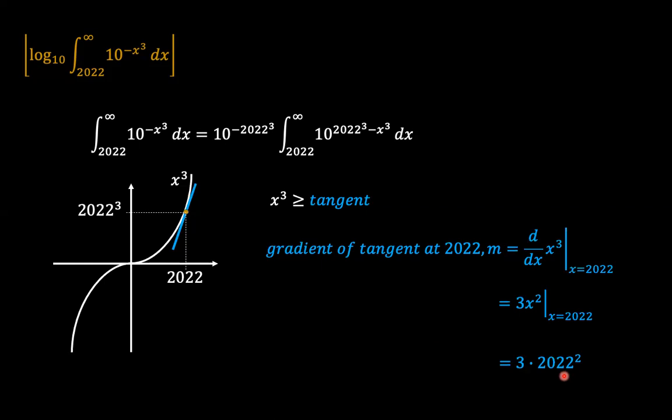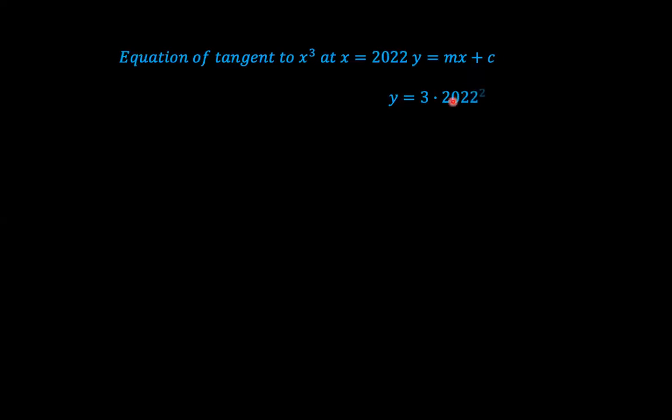So let's now try to find the equation of the tangent at that point. The equation of the tangent to x cubed at x equals 2022 can be generalized as y equals mx plus c. This is the general equation of a line, and we already know that m is equal to 3 times 2022 squared. And so now our equation is as follows.